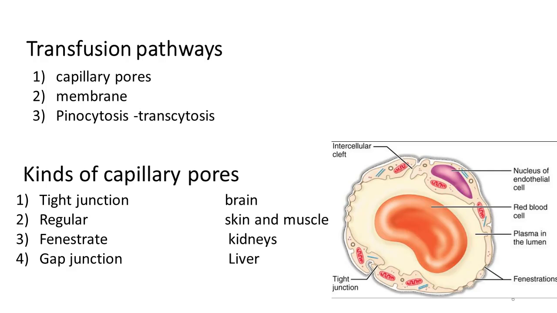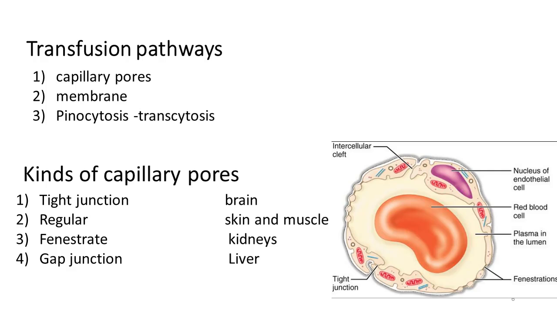Based on the difference of endothelial cells in different organs of our body, we have different types of capillary. Some types of capillary are very tightly connected with each other. Endothelial cells are connected with tight junctions. For example, in the brain we have the blood-brain barrier, and this barrier is because of these tight junctions.